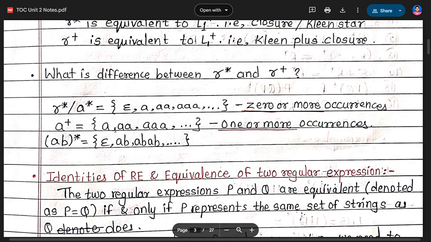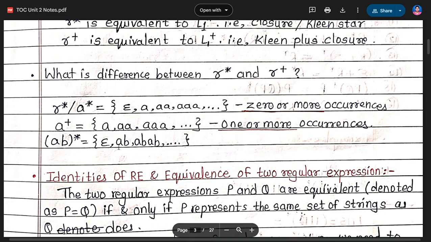There is no epsilon. So A plus means first A, then two times A, three times A. What's the difference between A star and A plus? A star means zero or more occurrences, and A plus means one or more occurrences. There is no starting with epsilon in A plus.